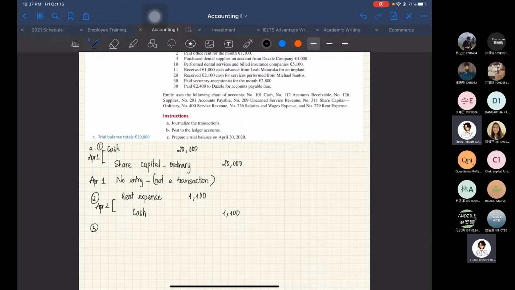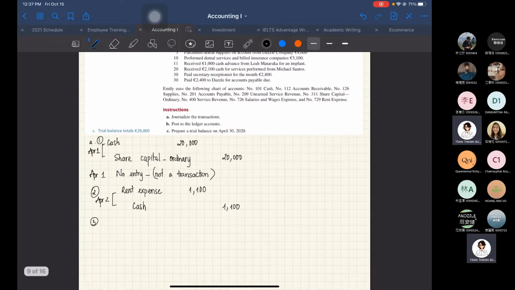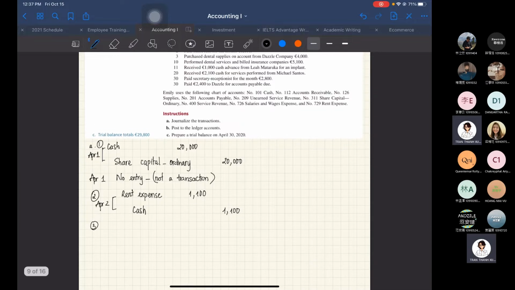That's the maximum. Supply accounts, as I told you, belong to the assets, and when assets increase, they belong to the debit side, right?